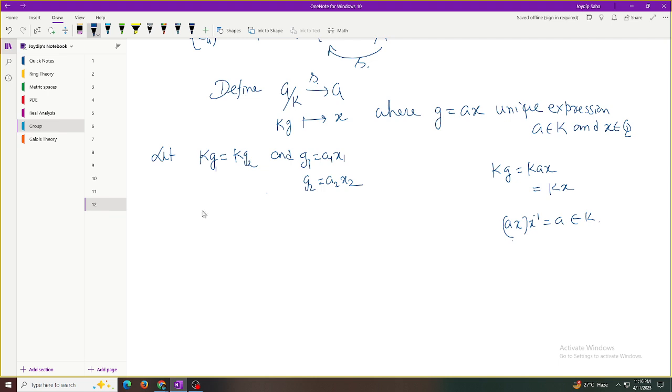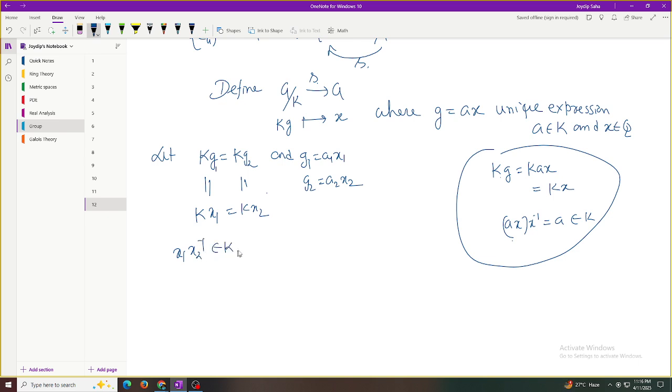So I can write it as Kx1 equals Kx2. This is the reason Kg equals Kx. Now I have to note that two cosets are equal, so x1 x2 inverse belongs to K.